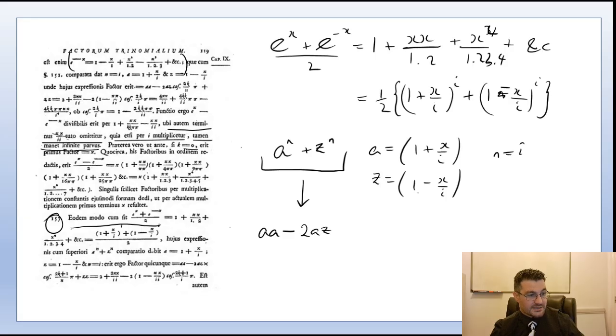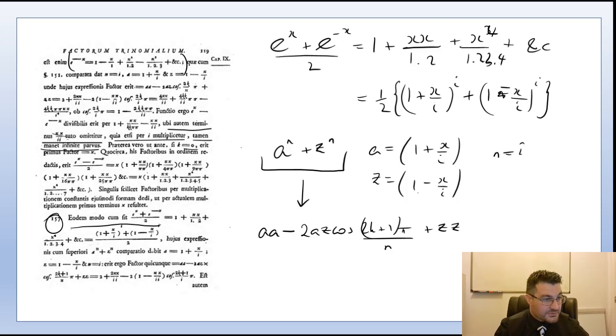Minus 2az cosine, and it was 2k plus 1 pi over, in this case, over n plus z. Okay, so that's what he's saying here. A factor of this expression will be a squared minus 2az cosine.